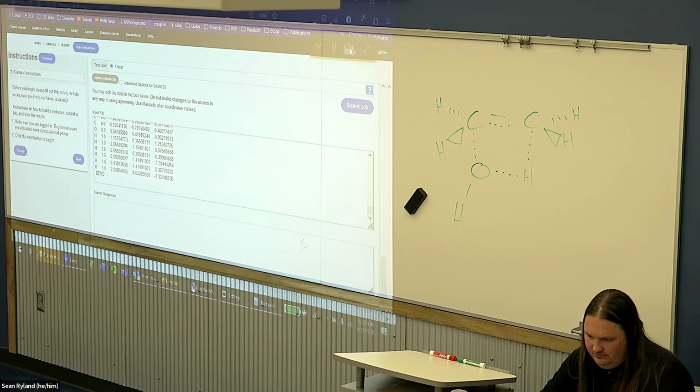While this is running, I'll talk about that other bit, this last piece, the number of steps, Hessian equals calc. Down here is the section that controls the Hessian. The Hessian is kind of like taking the first derivative of the potential energy surface for all of the nuclei.